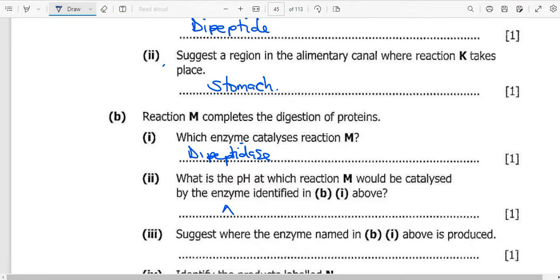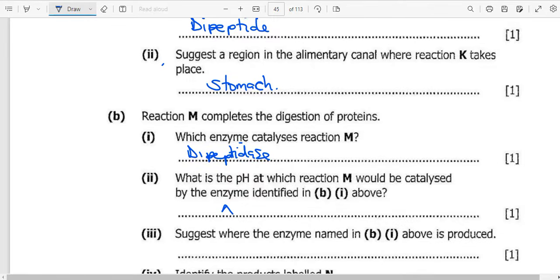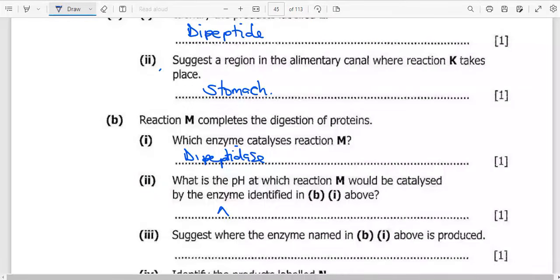Okay, so here we are looking at the pH at which reaction M would be catalyzed by the enzyme identified in B1 above. So the pH will tell us, number one, the pH has two sides, which tell the acidity and the basicity of the substance.